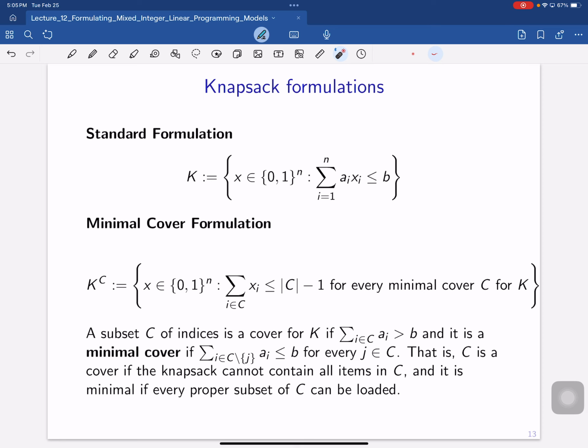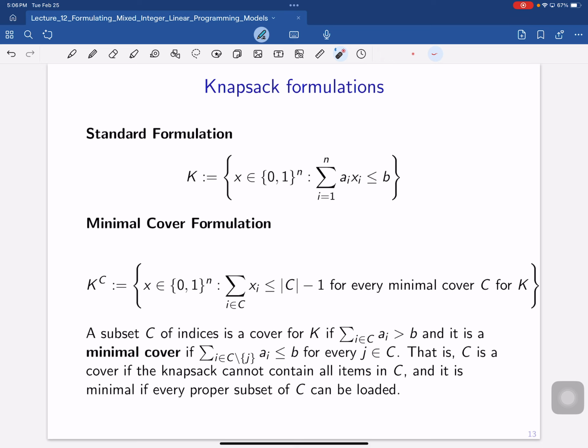Now, the minimal cover formulation is the following. You have this particular constraint: the sum of all the xi's in the set C has to be less than or equal to the cardinality of C, which is the number of items in this set, minus 1.